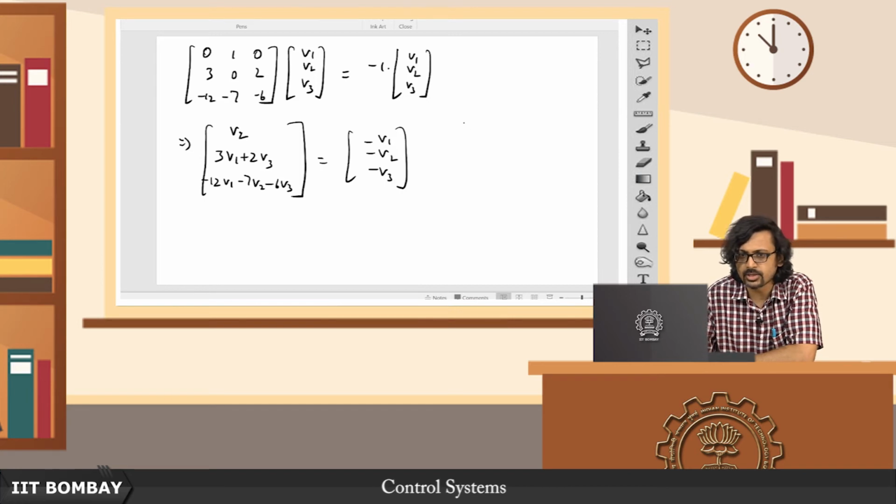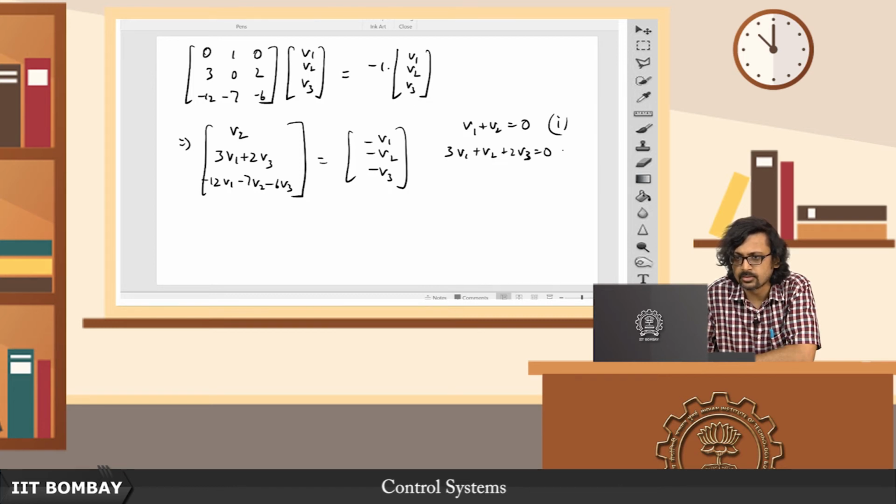So writing these 3 equations, I have v1 plus v2 equal to 0, that is equation number 1. The second equation is 3v1 plus v2 plus 2v3 equal to 0, and the third equation is -12v1 -7v2 -5v3 equal to 0.